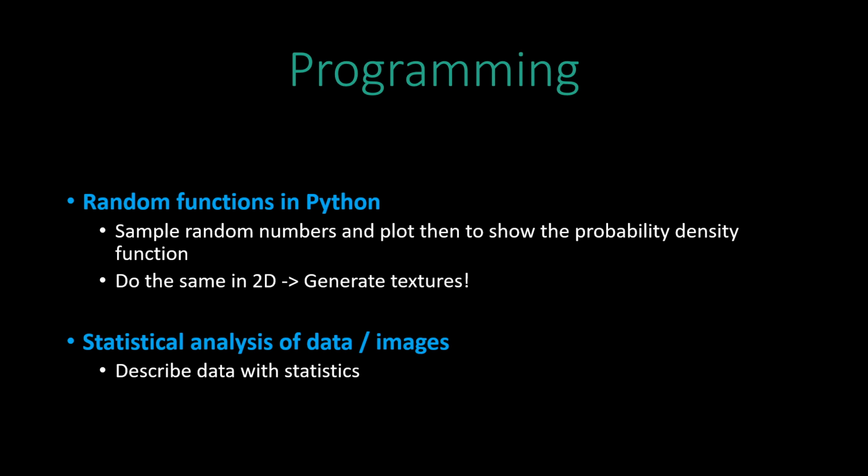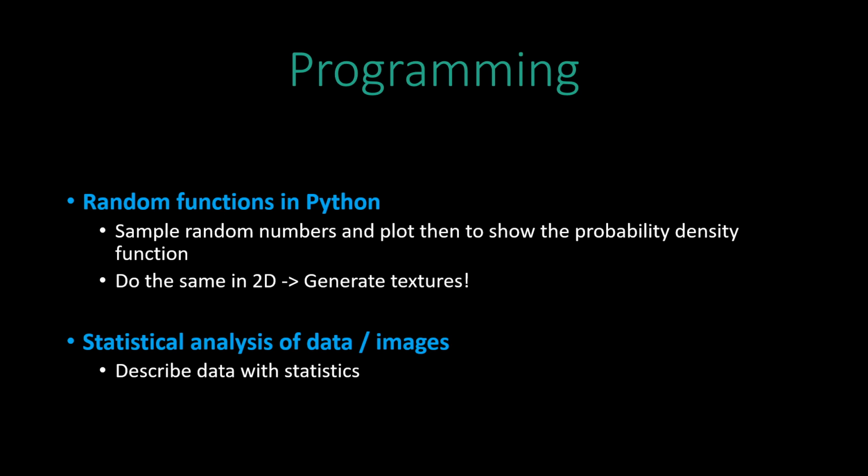So let's continue with the programming section. Today we will be exploring mainly the first part, using random functions in Python. So we talked a little bit about the theory behind naming some of those functions, the uniform random distribution and the Gaussian normal random distribution.